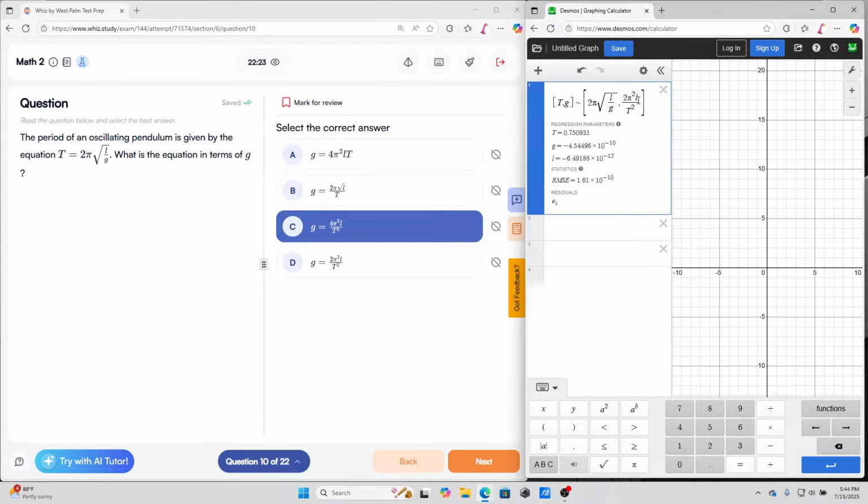Yeah, I mean, it seems you would just use algebra for this one. So we want to square both sides, and then we'd want to just ask Grok real quick how.